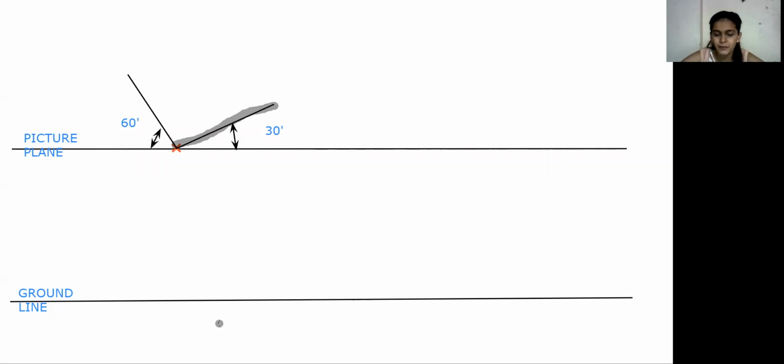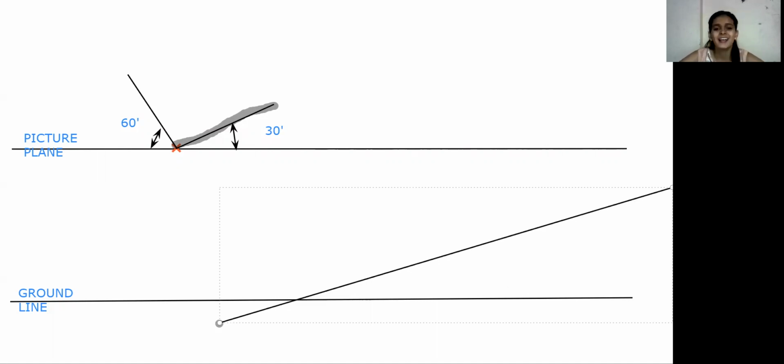Now, sometimes what happens, when we are going to draw the parallel lines, this line will go outside of our page. If something like this happens, when we are going to locate our height of observer, or where we are going to locate our vanishing point, from where we are going to drag the projections, it may be problematic.